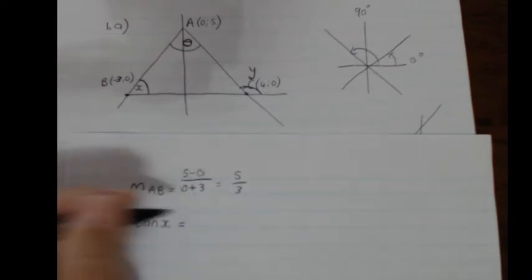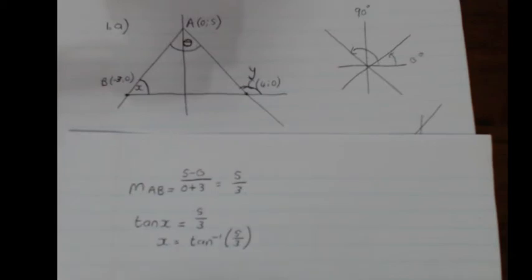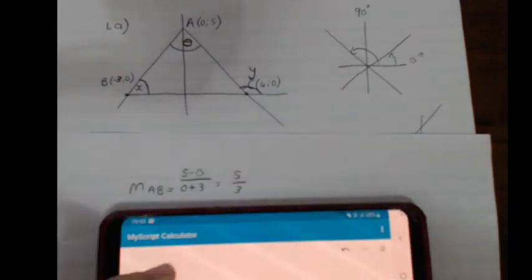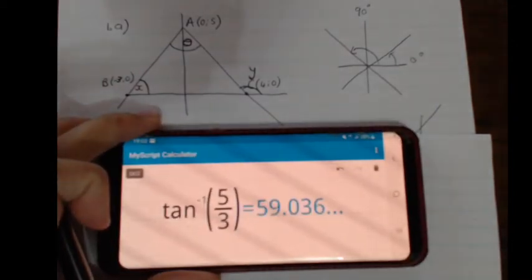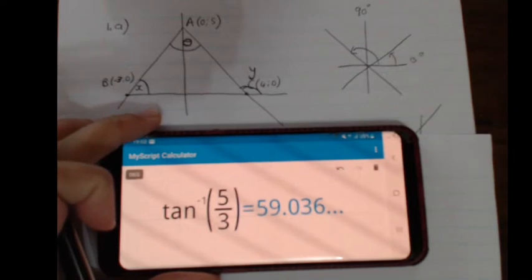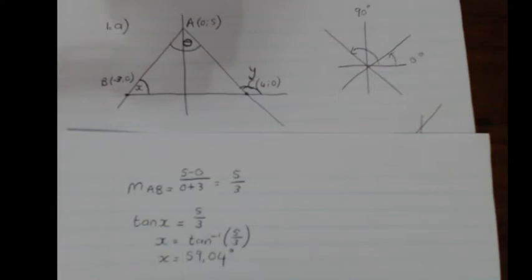So tan x is equal to the gradient, which is 5 over 3, meaning that angle x is shift tan 5 over 3, and I can type that into my calculator. Shift tan 5 over 3 gives me 59.04 if I round it off. So x is 59.04 degrees.